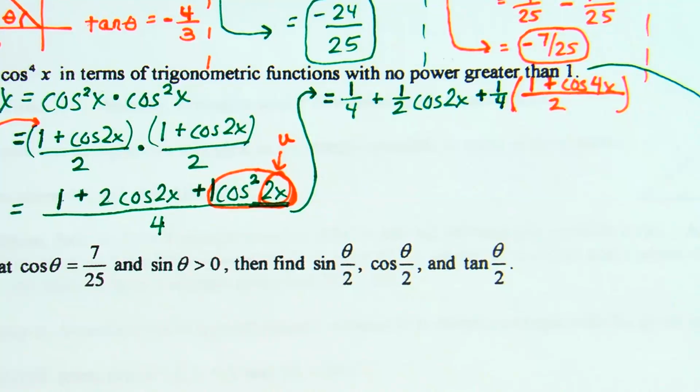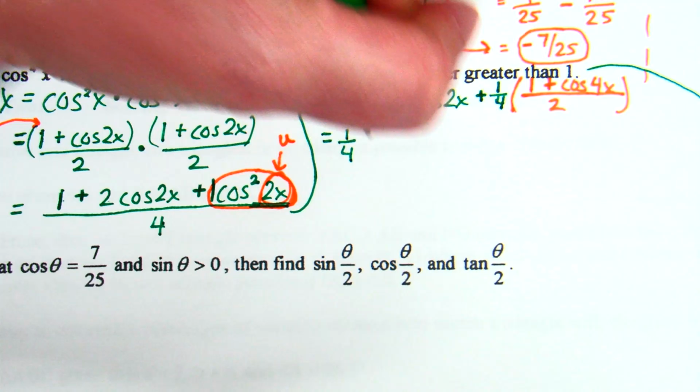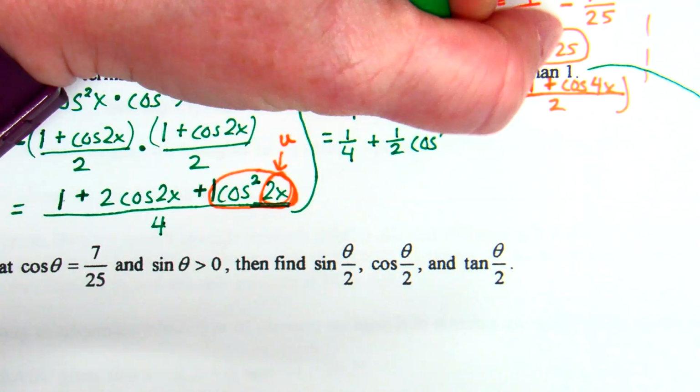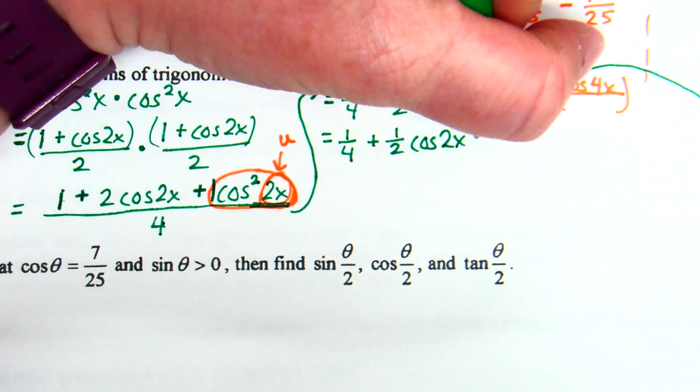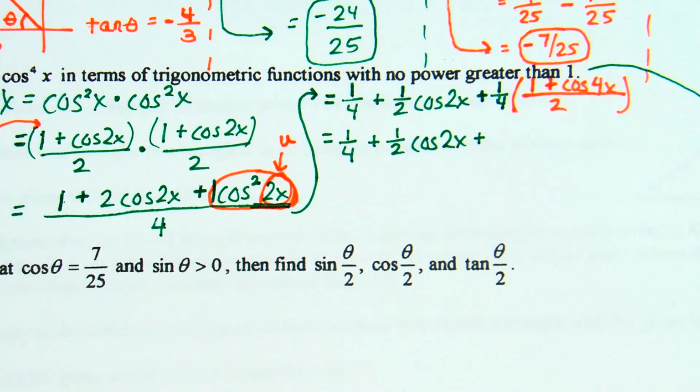Now, from here, it's all about cleanup. Okay? So I'm going to keep the initial part the same for right now. It's still 1/4. It's still 1/2 cosine 2x plus, and it's still 1/4 times this fraction.